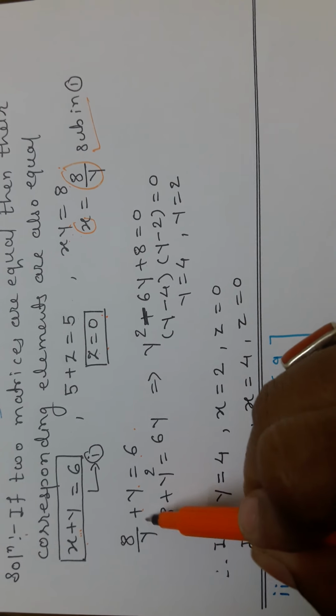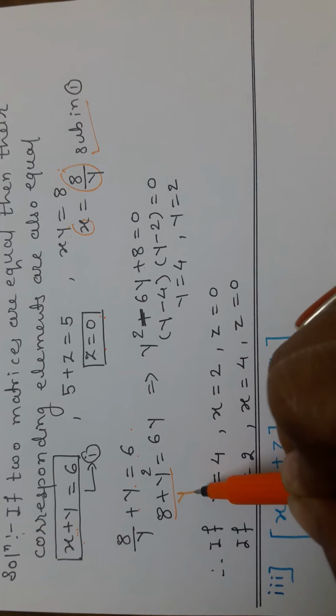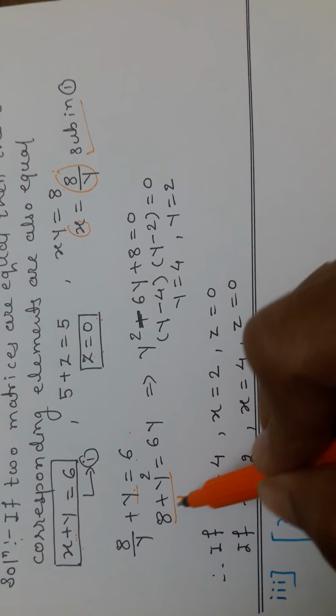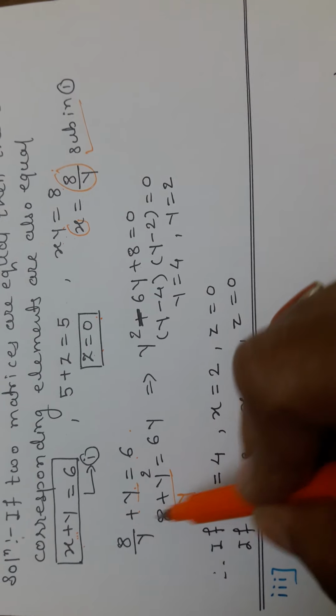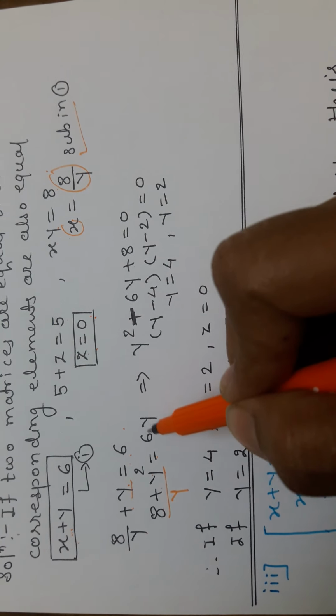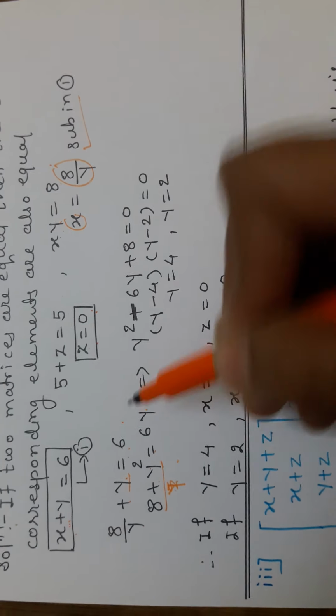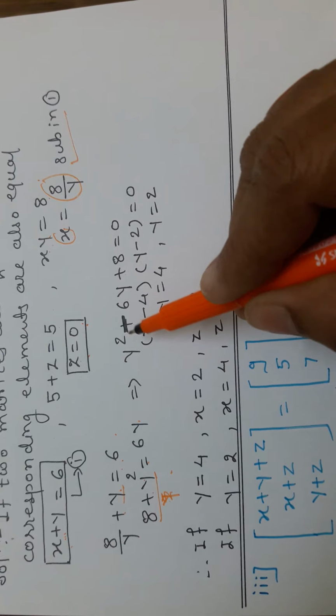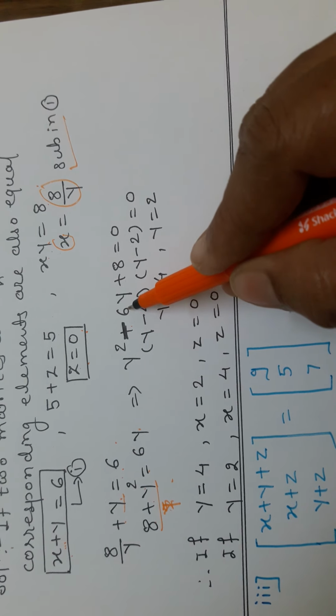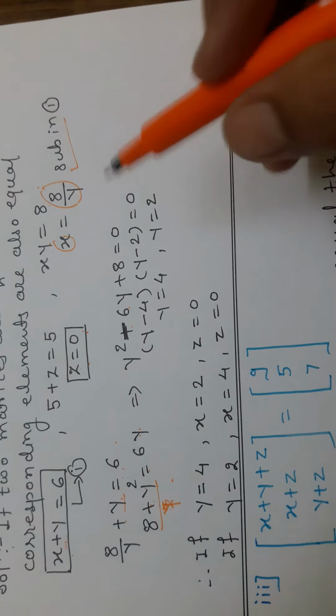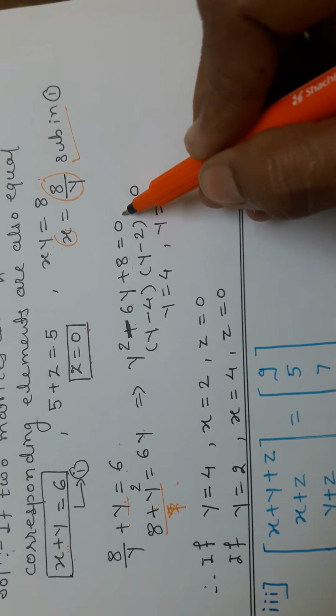From here, taking y as the LCM, we get 8 plus y square is equal to 6y. We shift 6y to the right-hand side and get the quadratic equation y square minus 6y plus 8 is equal to 0.